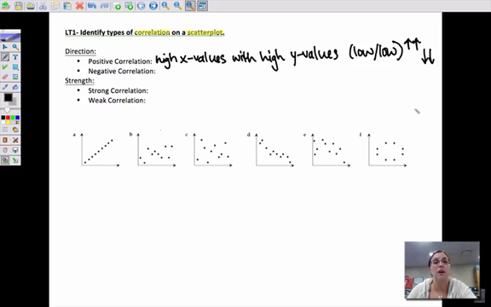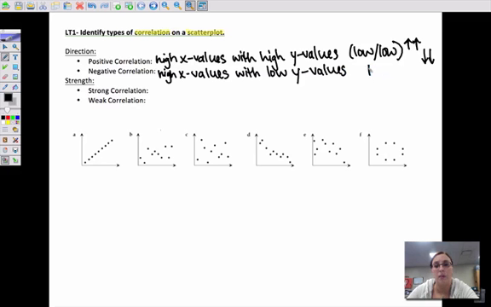So the two variables are going in the same direction. A negative correlation has high X values with low Y values, and vice versa. So when the X is high, the Y is low, or when the X is low, the Y is high. They go in opposite directions.